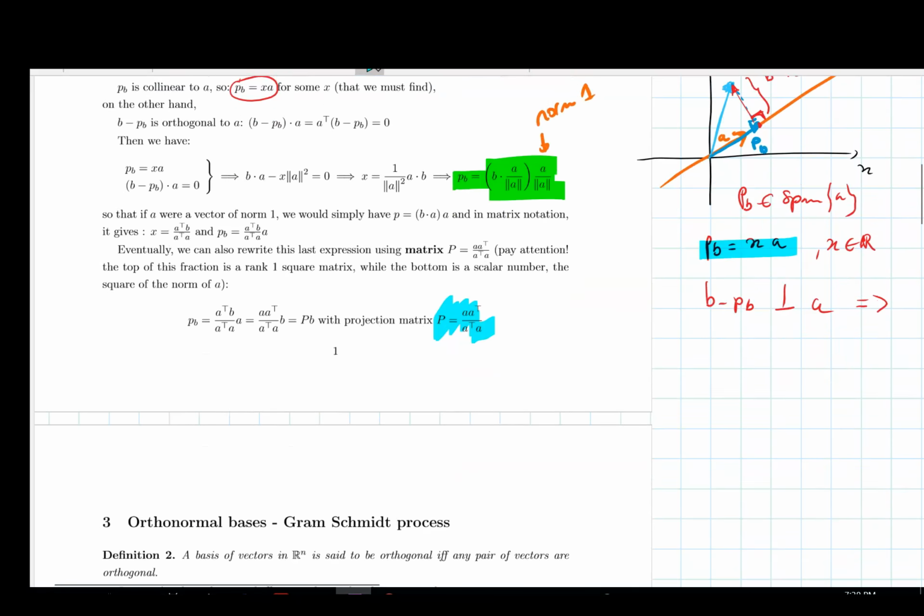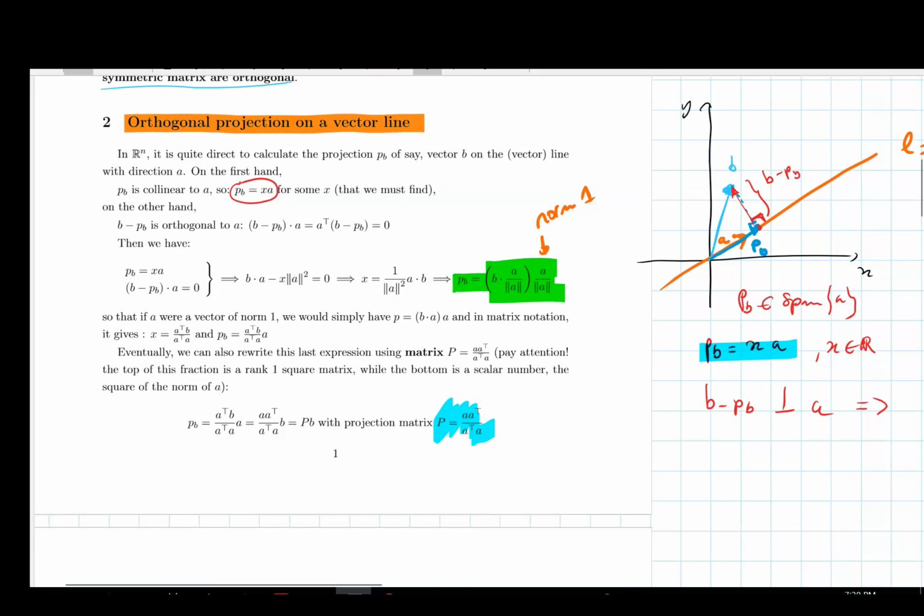And the interesting thing that we can add about this projection matrix is, what's happening if I square this? Let's write this: A transpose over A transpose A times A transpose over A transpose A. What do you think that is?